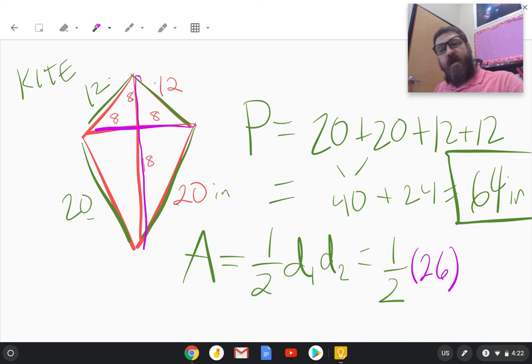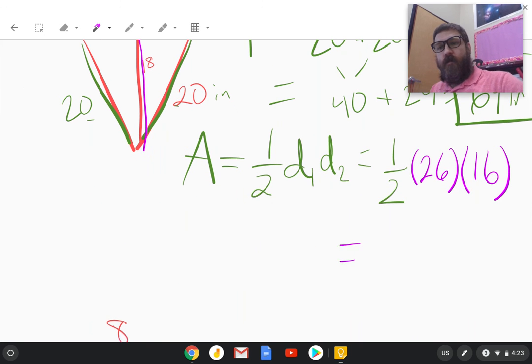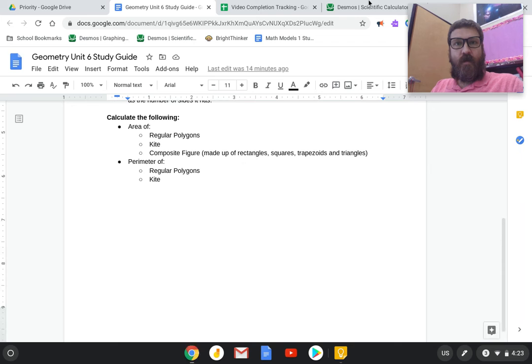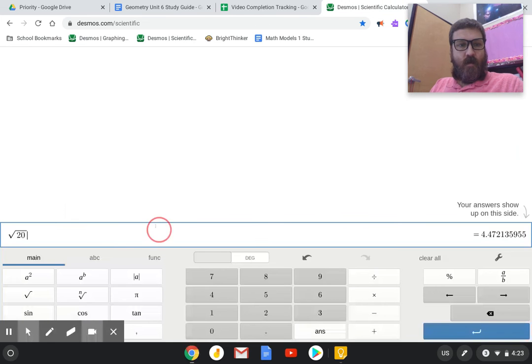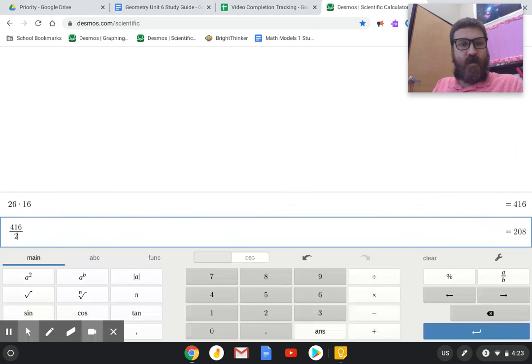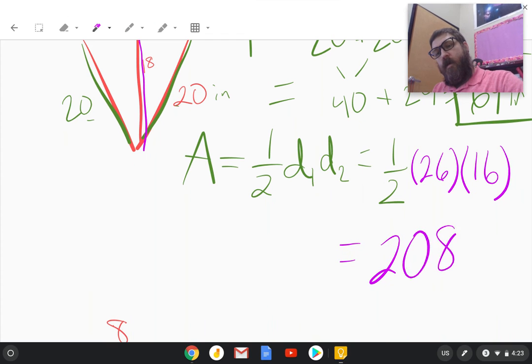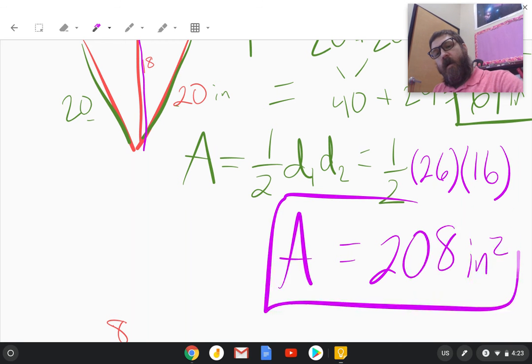And then we have these together, which makes 16. 26 times 16, go ahead and jump over to our calculator here. 26 times 16 is 416 divided by 2. 416 divided by 2 is 208. 208 inches squared is the area of our kite.